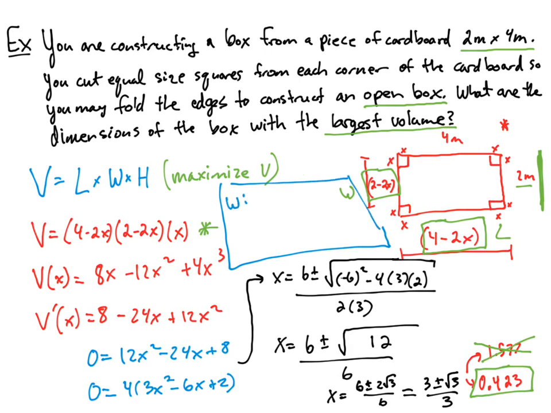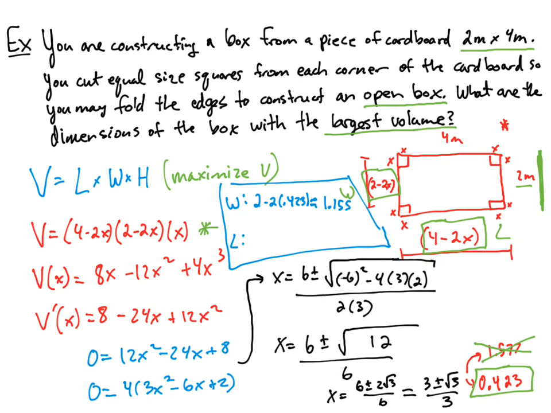So for the width, we're going to get 2 minus 2 times 0.423, and that gives us about 1.155.